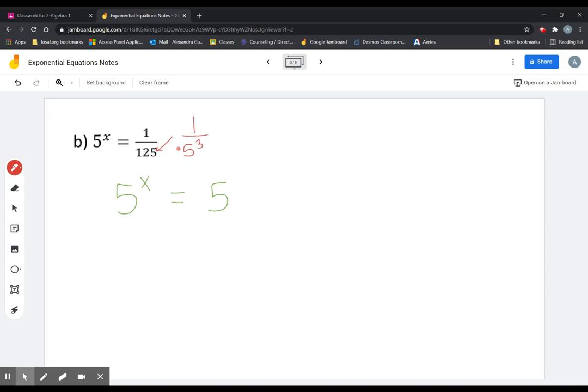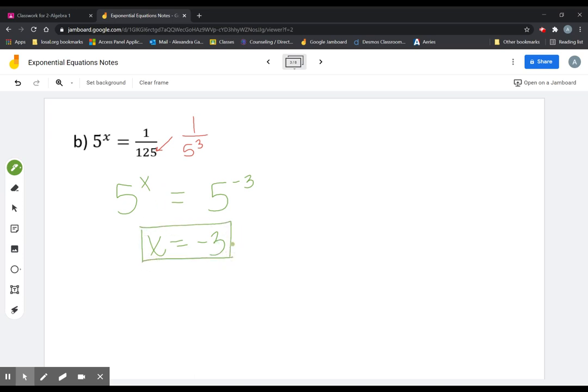And it's just like 1 over 5 cubed. And so to change that 5 cubed into 5 to a power, it's a fraction, so I'm going to make it a -3. So then my bases are the same. x is equal to -3. So if you ever see a fraction, that just means when you convert it, you're going to have a negative exponent.